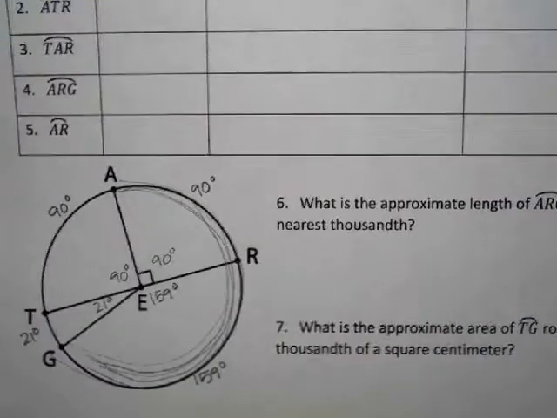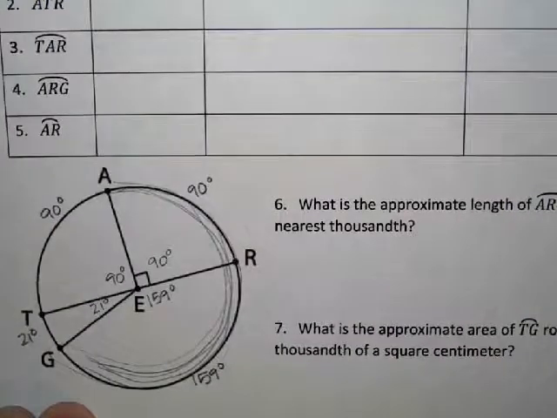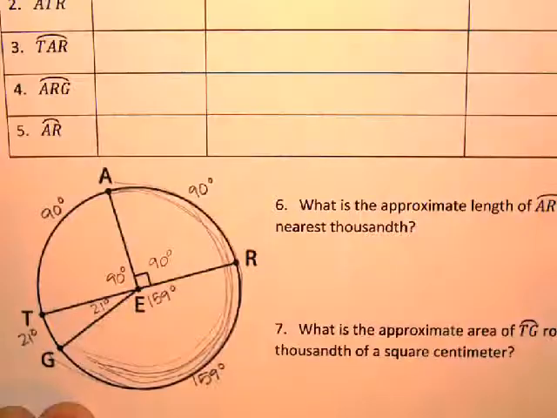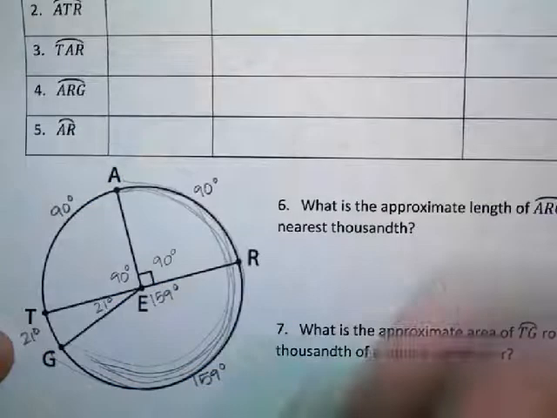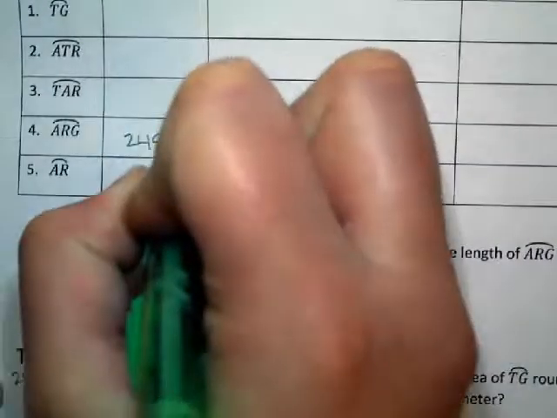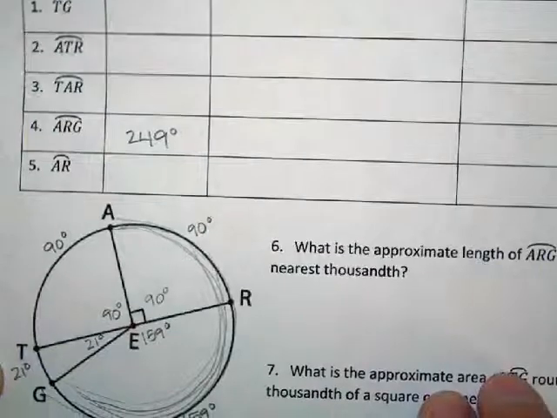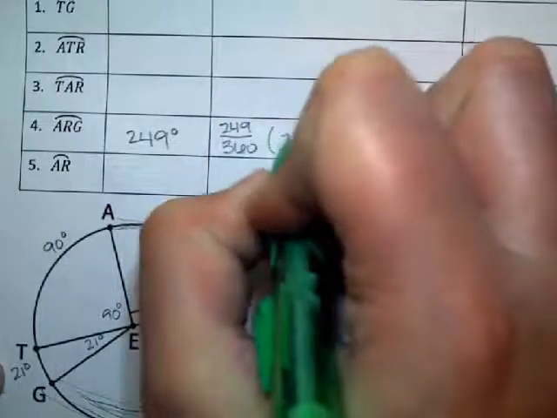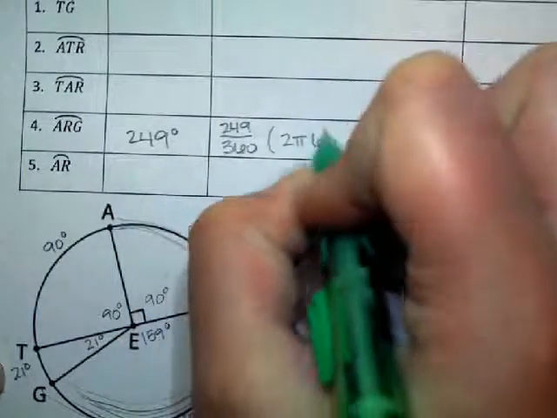It's 90 plus 159. You're the first person that has done it. Okay, 249. Okay. So we're going to do 249 over 360 times 2 pi 6.